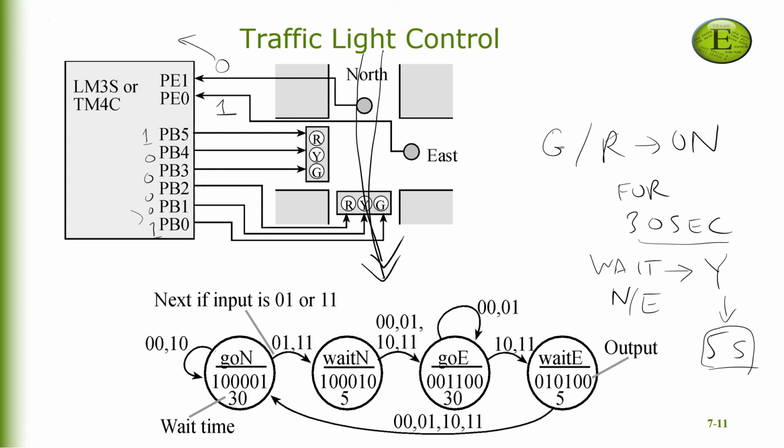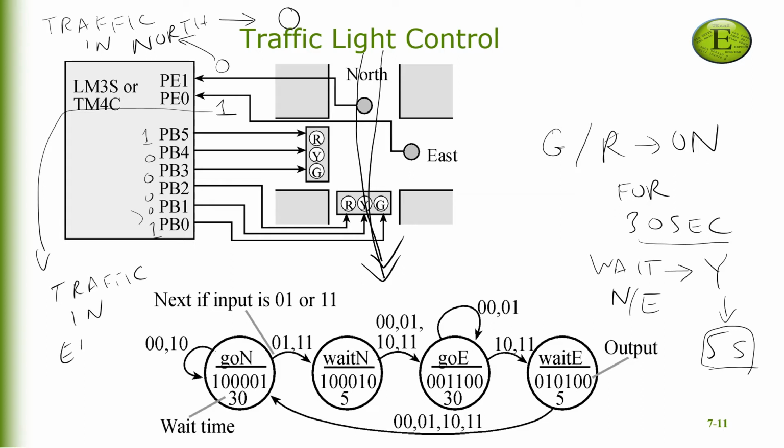Traffic in the north has reduced to 0, and 1 means we have traffic in the east. It means that all the traffic from the north has passed. There are no cars here, and there are some cars here.